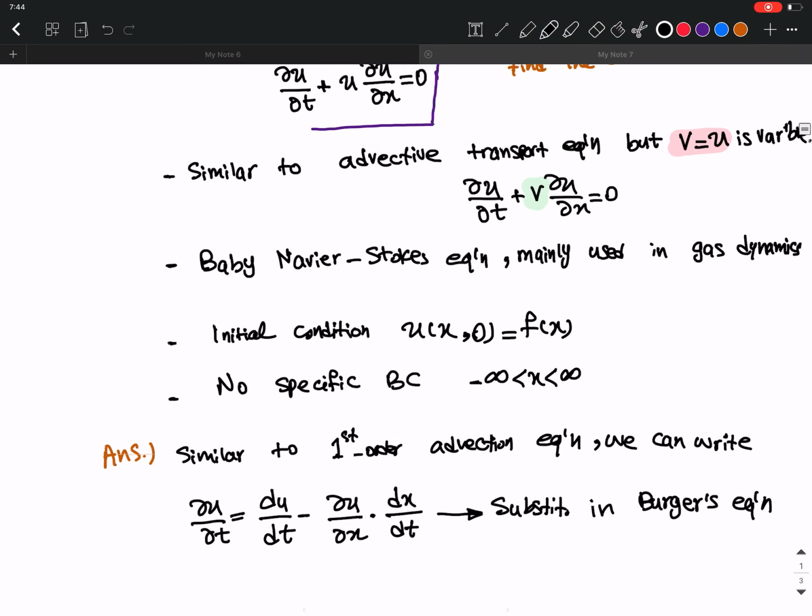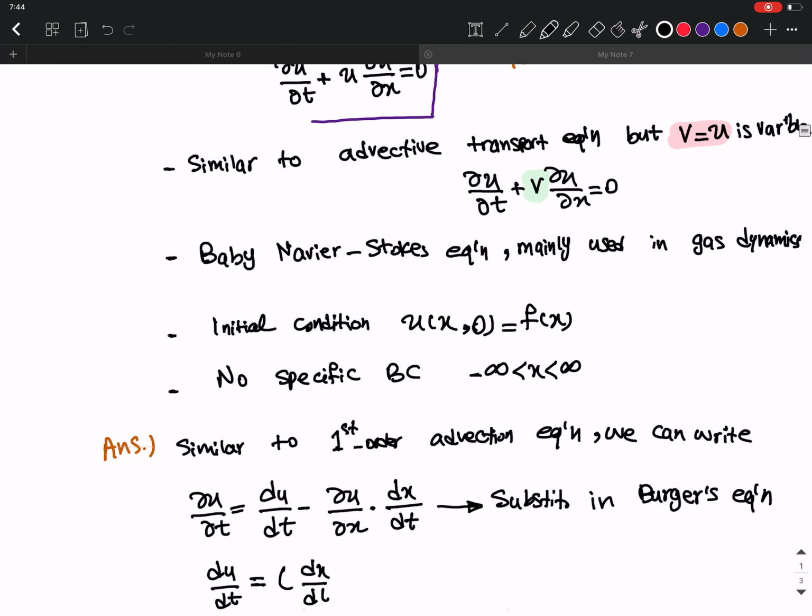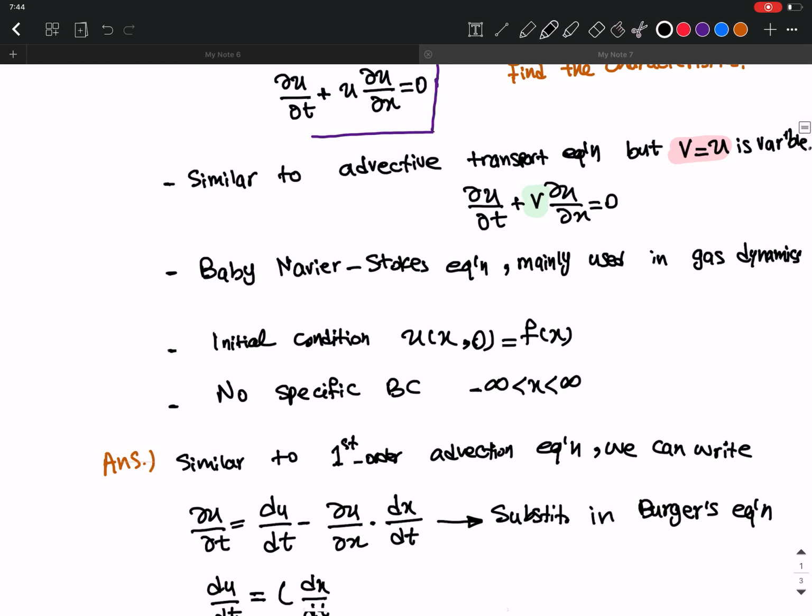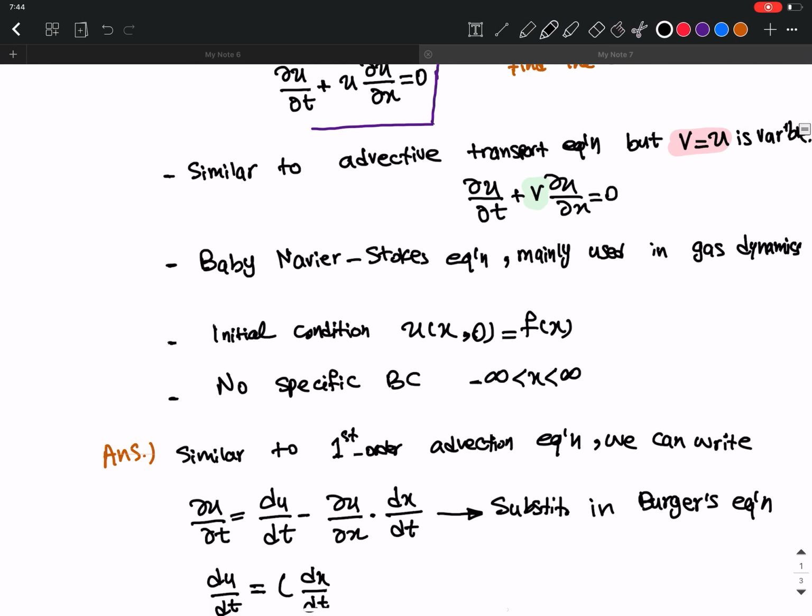Okay, so I'm going to substitute this into Burger's equation, and what I'm going to get, instead of partial u over partial t, is du over dt equals to dx over dt times partial u over partial x minus u times partial u over partial x, right?